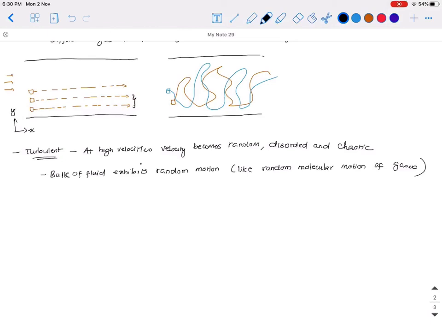This intense and chaotic motion leads to significant and intense cross stream mixing of mass, momentum and energy.